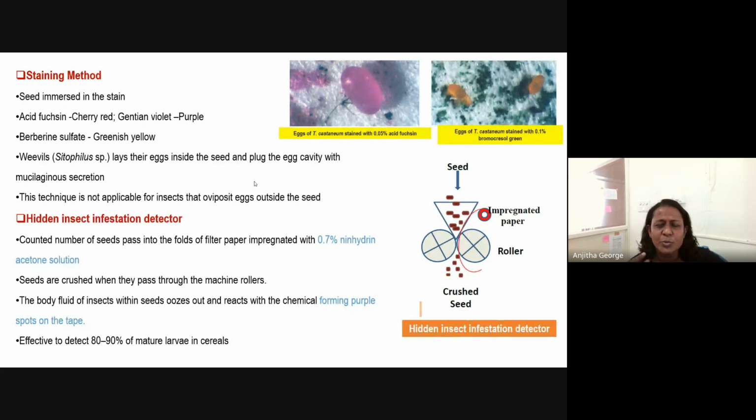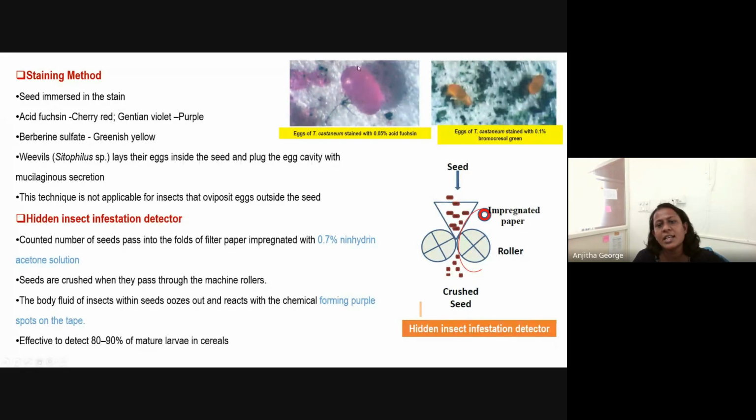So it is very difficult to make out the eggs. So for this purpose, we are using the staining method. Some of the stains you all know, like acid fuchsin, then gentian violet. So depending upon the stain you are using, you can make it out whether the eggs are there or not. So that is how indirectly you make it out that the insect infestation is there.